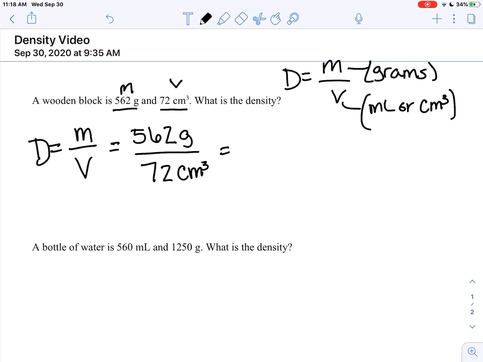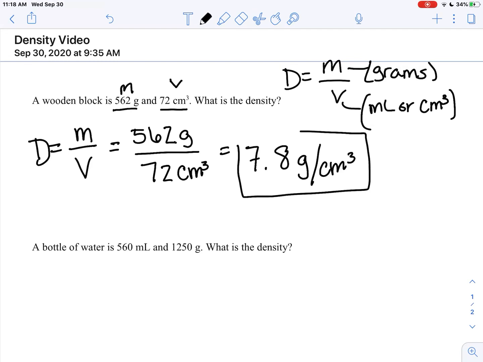And then I do that. 562 divided by 72, and you get 7.8 grams per centimeters cubed. Now, in our class, we haven't yet done the rounding rules for chemistry, so if you wrote 7.81 or 8 or whatever you wrote, as long as it's around here, that's good enough for now. We'll get to those next.